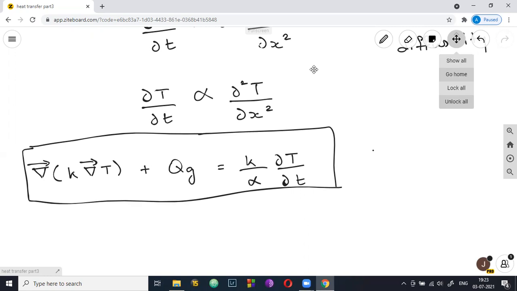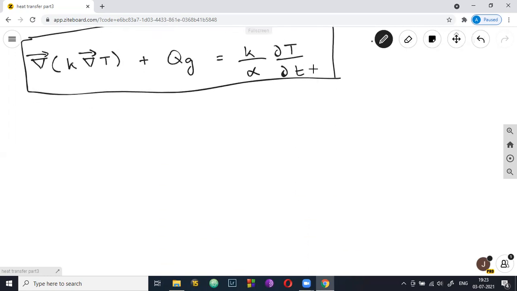For those who are not able to follow, how did I get this? What happens here is, if K is actually different, you get something like this.